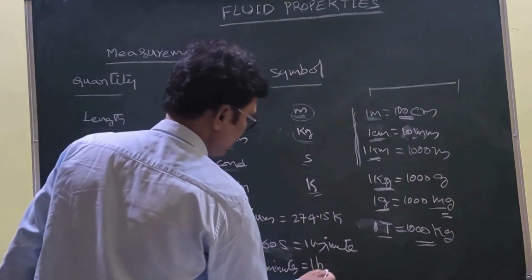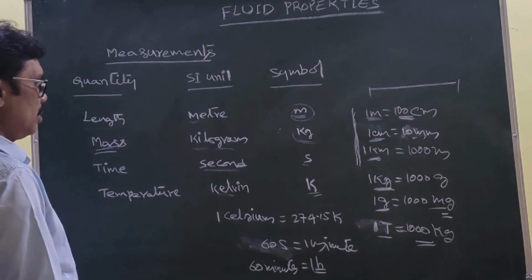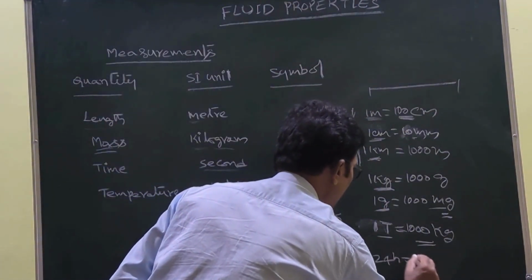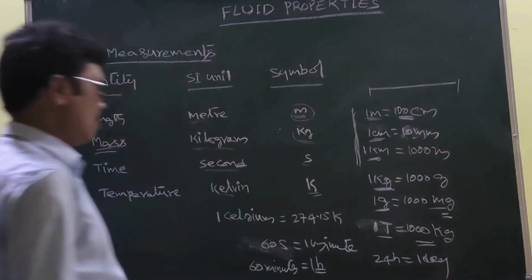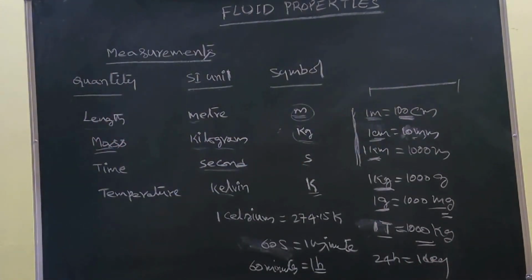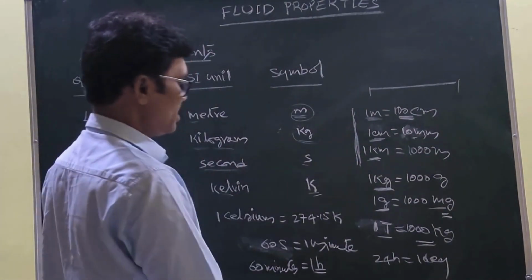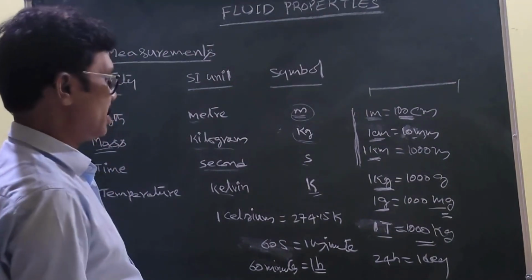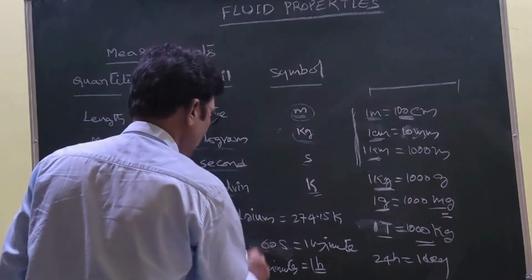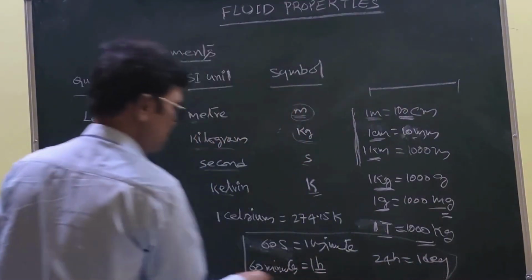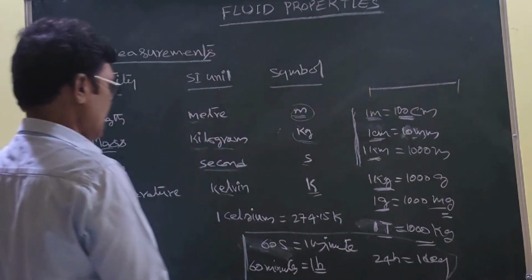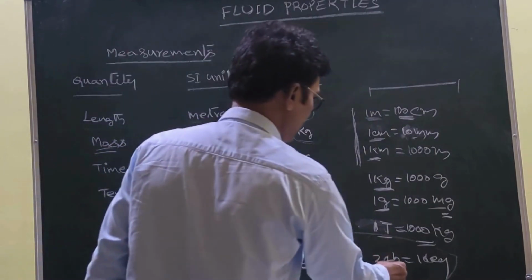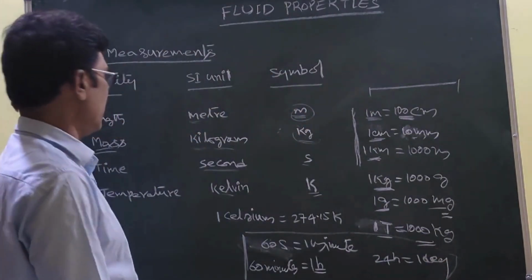Hours, in SI units you can show only H. 24 hours equal 1 day. Of course 30 days equal 1 month, and 365 days equal 1 year. We can remember these: 60 seconds equal 1 minute, 60 minutes equal 1 hour, 24 hours equal 1 day.